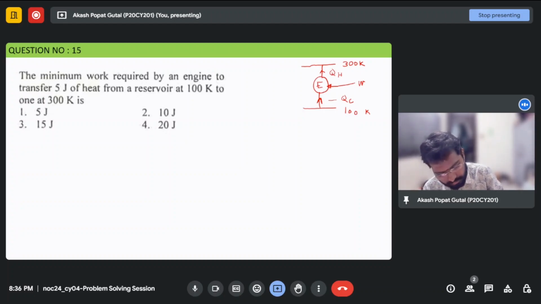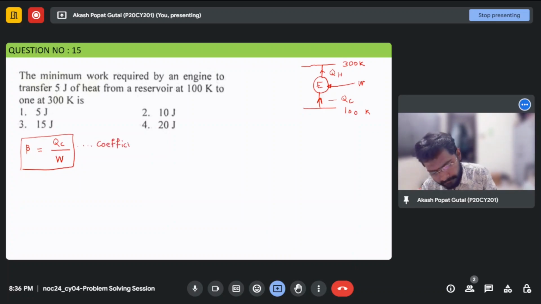For the engine we have efficiency, but for refrigerators we have coefficient of performance, defined as heat taken from the cold reservoir divided by the work done on the system.